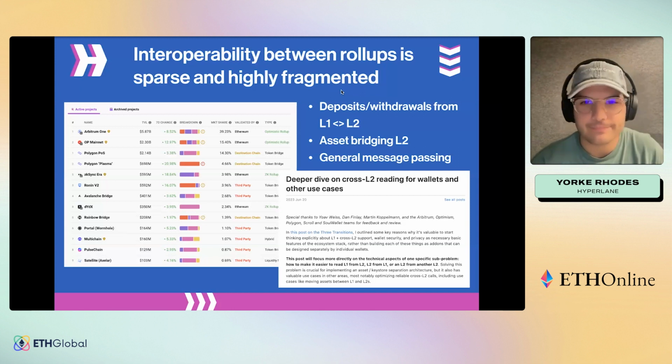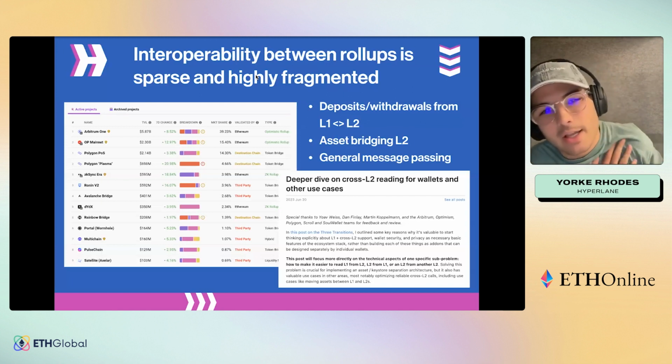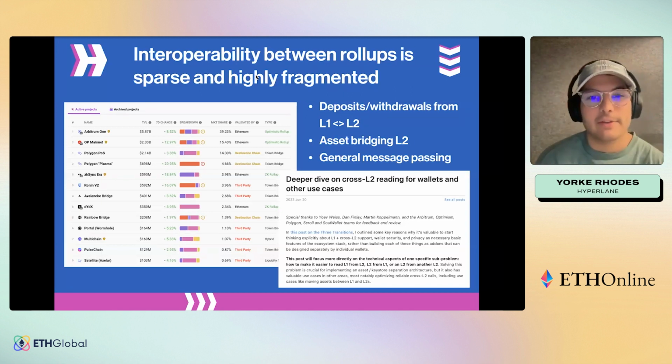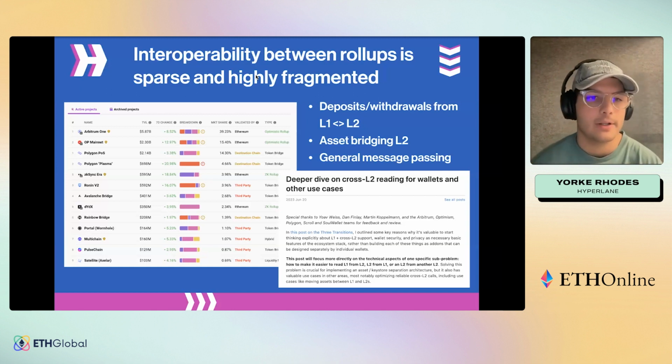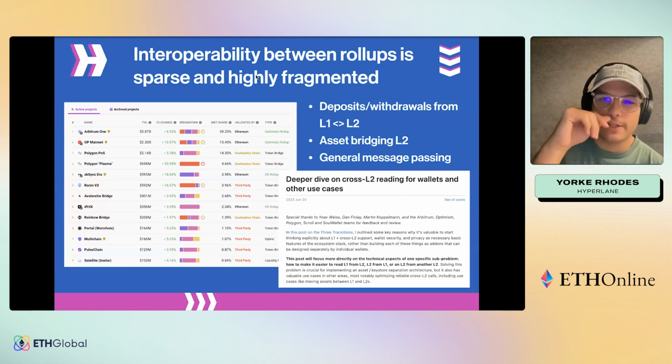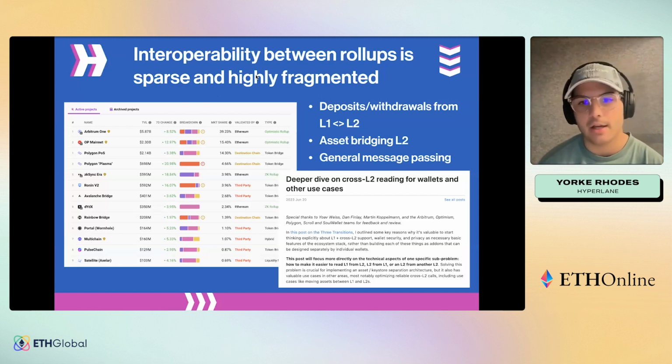But the problem that presents itself is each one of these frameworks has an entirely unique integration surface area and conceptual overhead that you need to understand to be able to build your app on, let's say, Optimism or Arbitrum. Each of these actions that I've listed here on the right side are all independent interfaces. If you need to go from L1 to L2, that's one surface area.